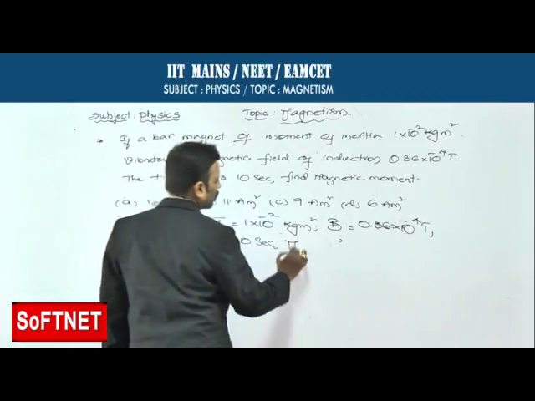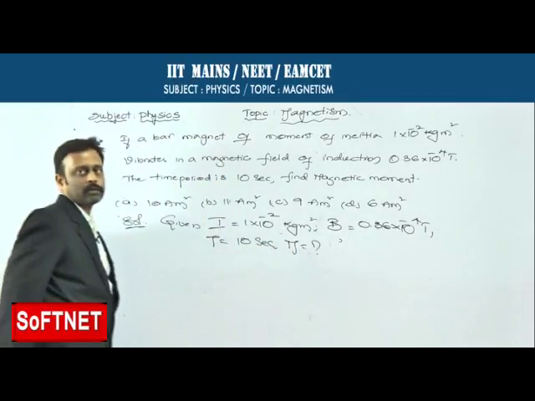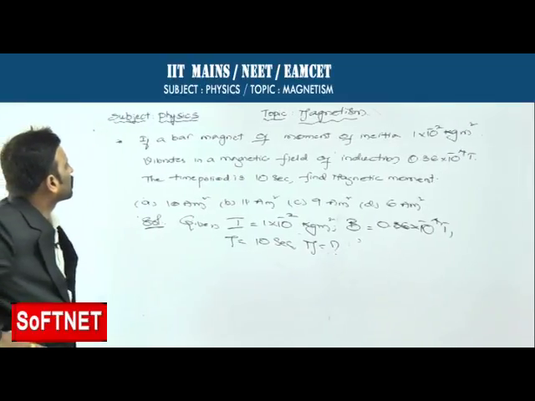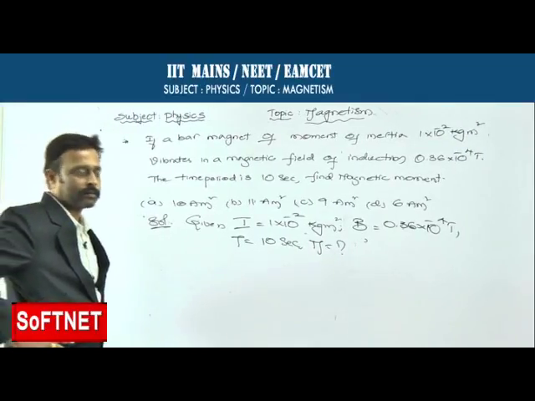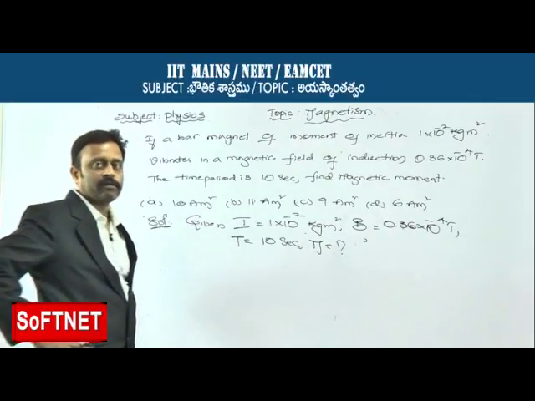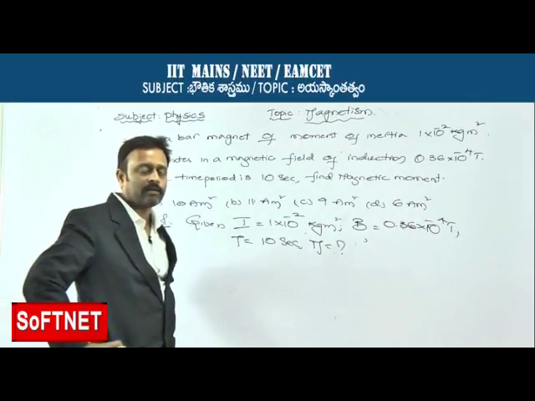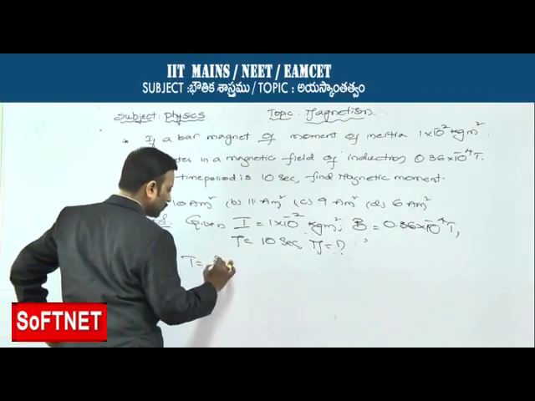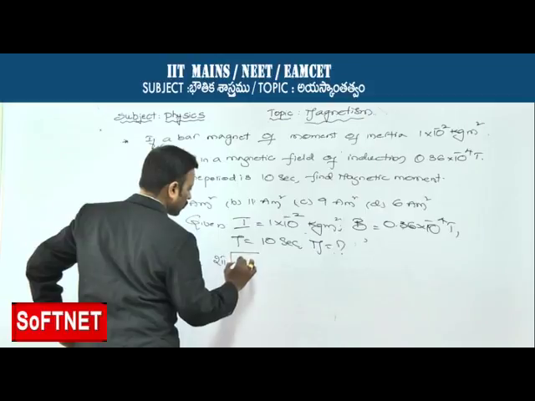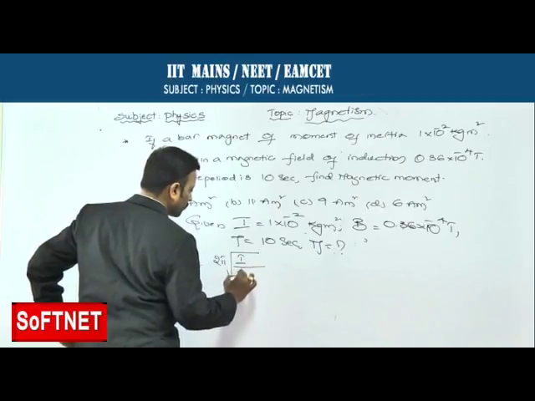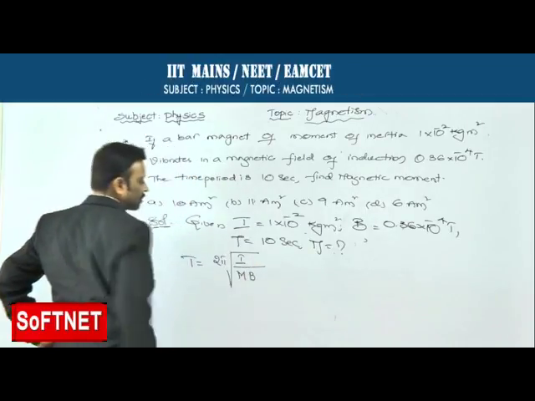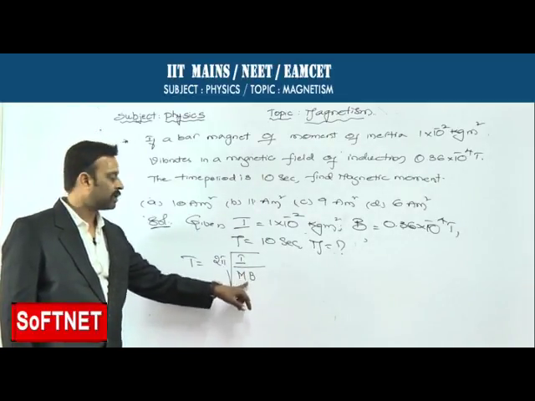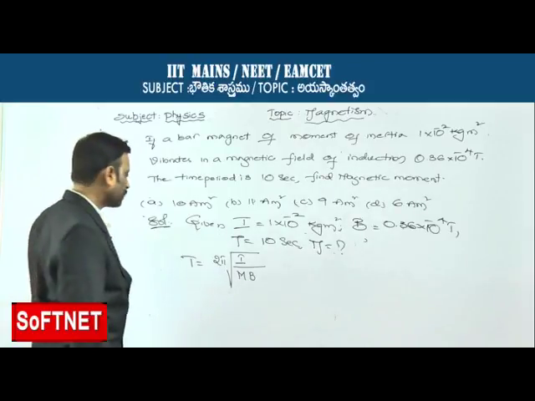You are asked to calculate the magnetic moment of the magnet. Here, this problem is based on the concept of the vibration magnetometer. The formula to calculate the time period of a magnet placed in the vibration magnetometer is T is equal to 2 pi under root I by MB. Here I is moment of inertia, capital M is magnetic moment, and B is magnetic field induction.